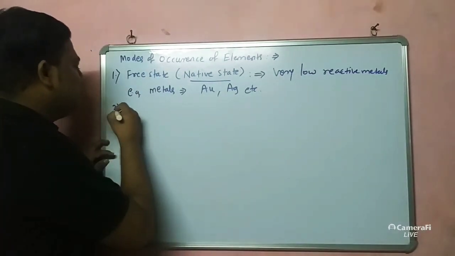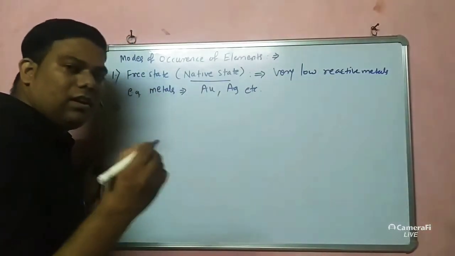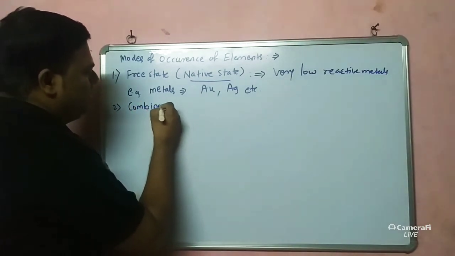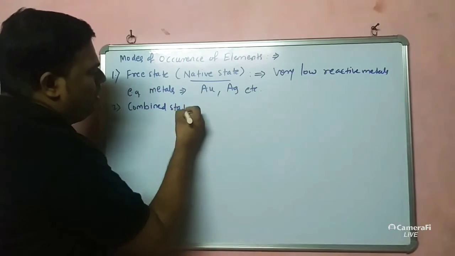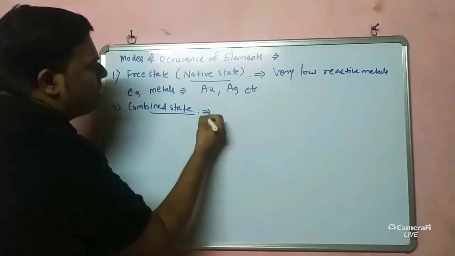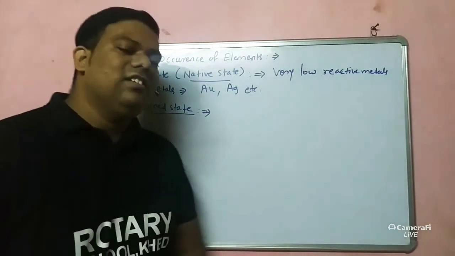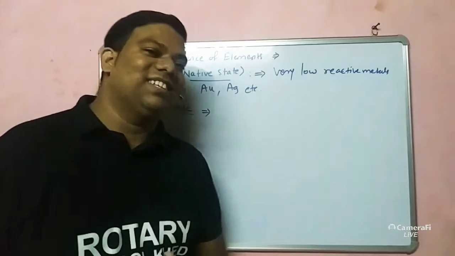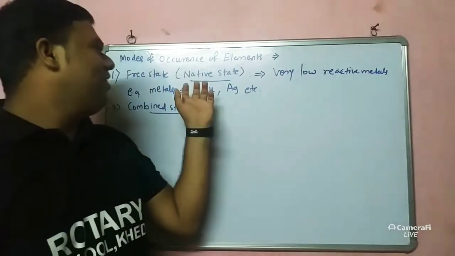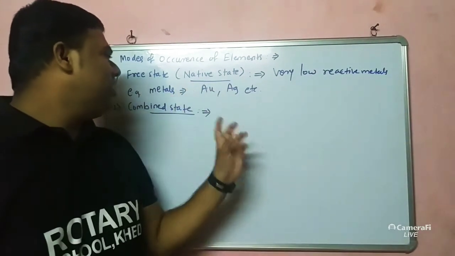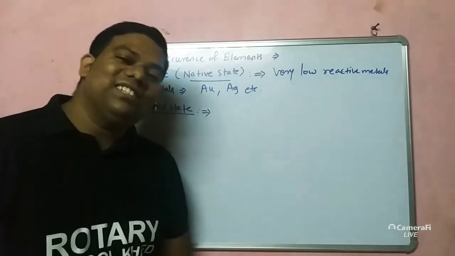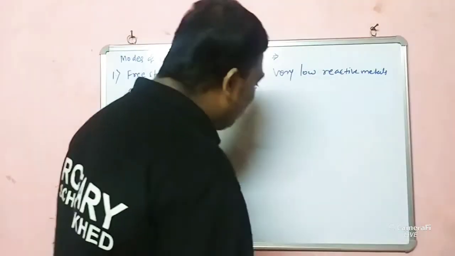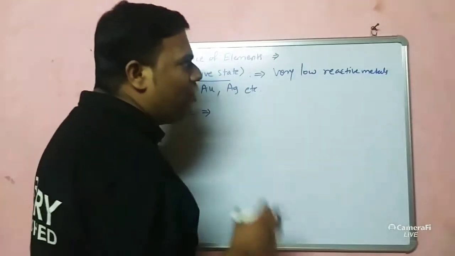Now second, the combined state. In the combined state, as you rightly identified, very low reactive elements generally occur in free or native state, and in combined state, high reactive metals occur.